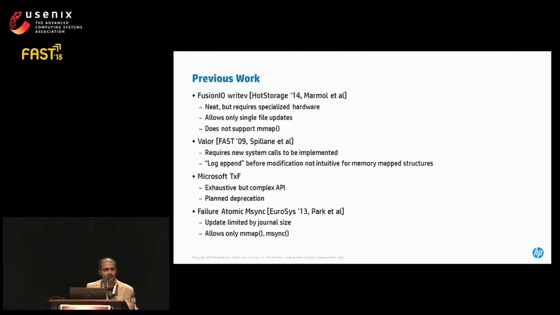The problem is that updates are limited to the size of the file system journal, and it allows only mmap and msync. So the work that we present today is inspired by failure-atomic msync, and what we present today is a better and a more generalized solution.